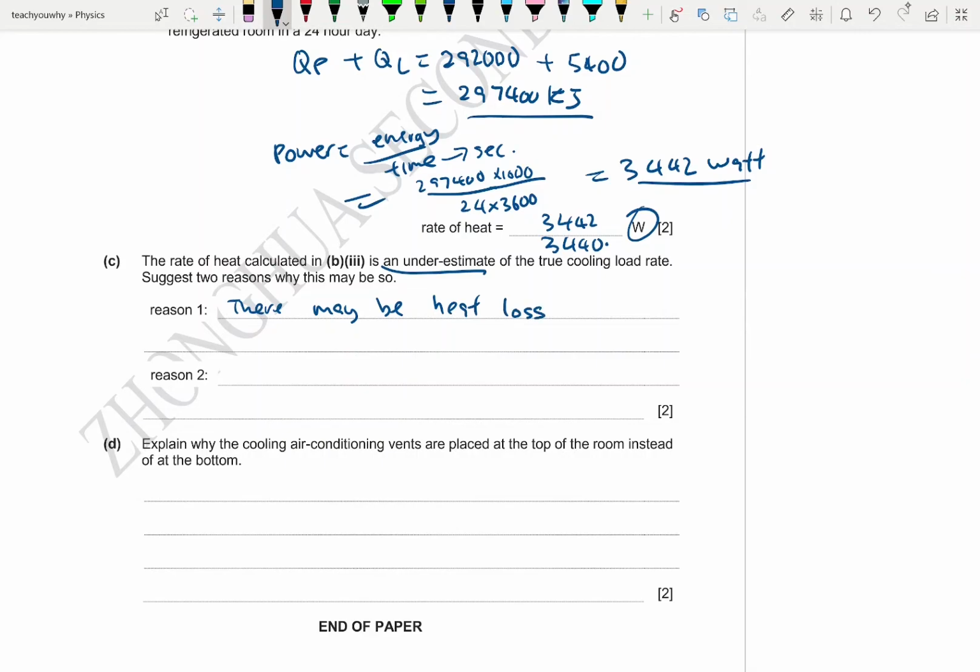heat gain to the room. That's why it's an underestimate, because we never account for the heat that is traveling.